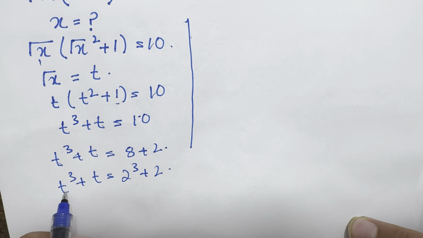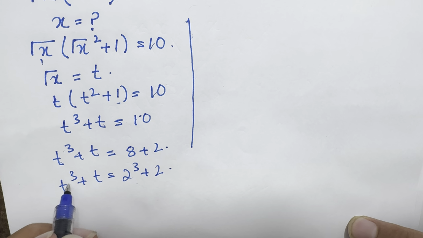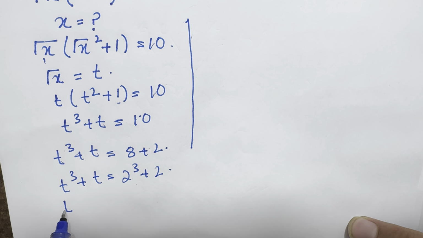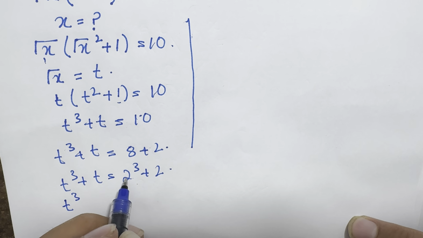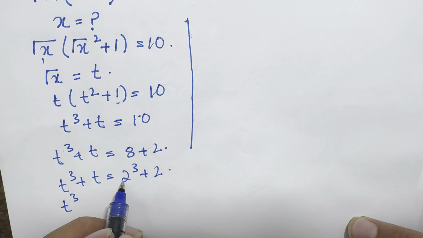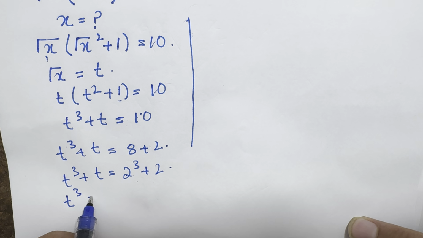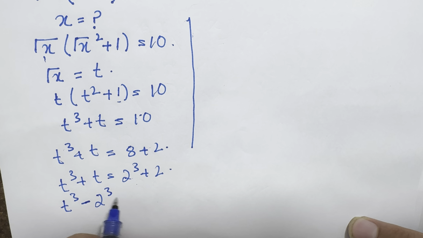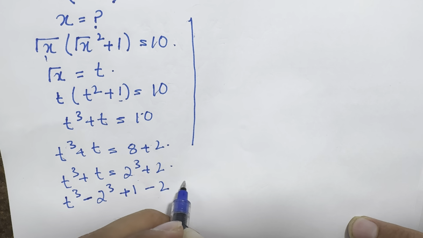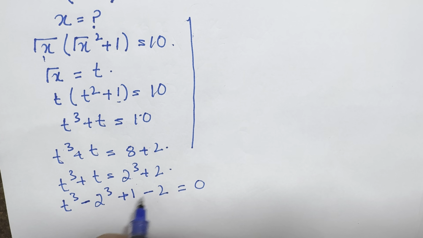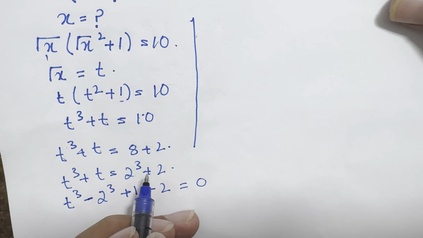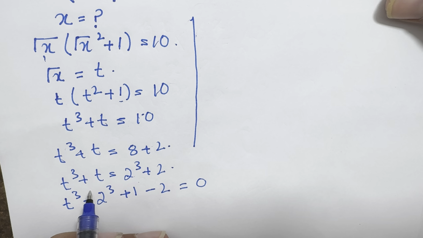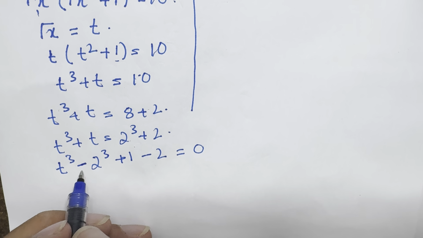So t cube, and this 2 cube, I will write here, so t cube minus 2 cube plus t minus 2 equal to 0. Okay, I shifted this 2 term to the left hand side.